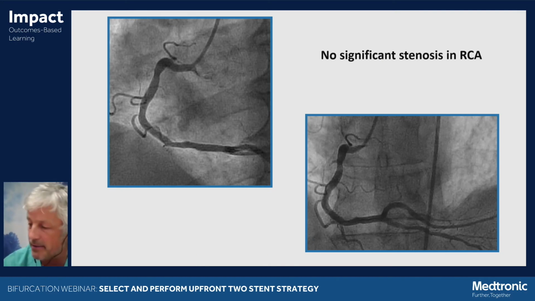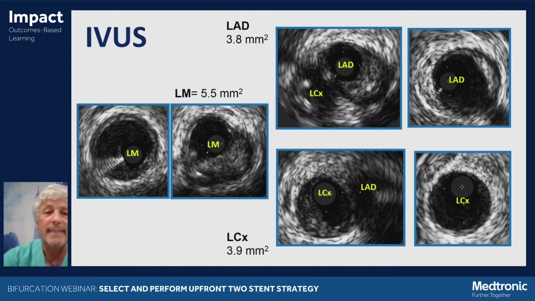In the right coronary artery, nothing significant. And it's our strategy in these cases, because we have ambiguous, not clearly severe stenosis, we did IVUS in the left main. As Goran said, we published a Litro study years ago, and we use IVUS frequently in these cases.